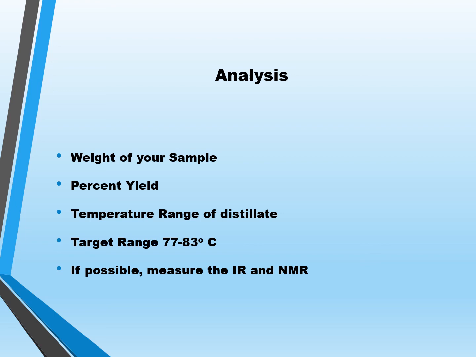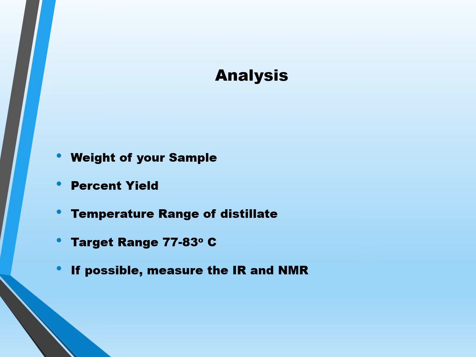Finally, with your product, try to measure the weight of your product, and you need that weight to calculate the percentage yield. Take the theoretical yield from the reaction given in the first slides, and you can measure the weight of your sample and calculate the mass using the density formula.